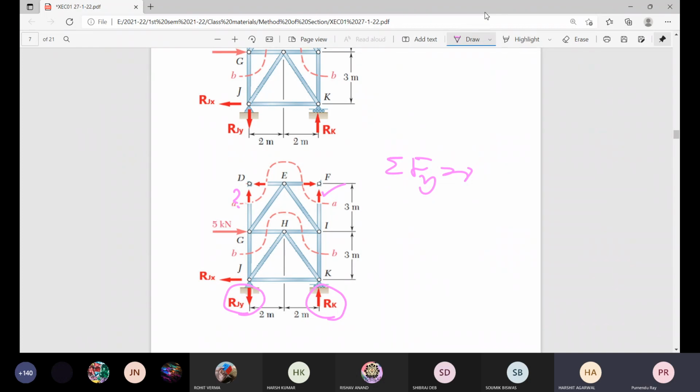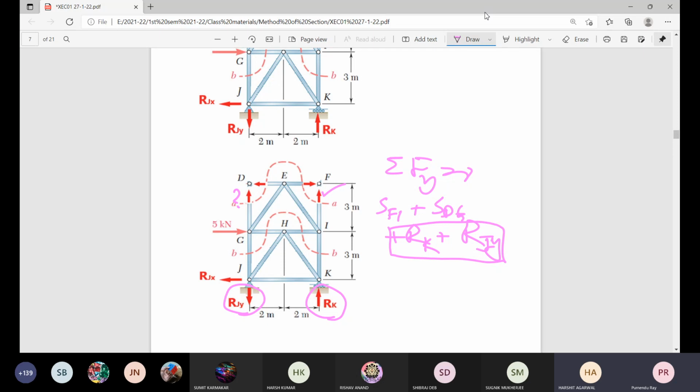So sigma Fy equal to 0 will give you Sfi plus Sdg plus... Sir, they are equal and opposite in direction, so they will cancel each other. Which one? Rjy and Rk. Exactly, Rk and Rjy, they will cancel each other for this special situation.